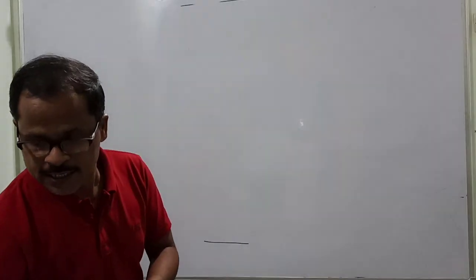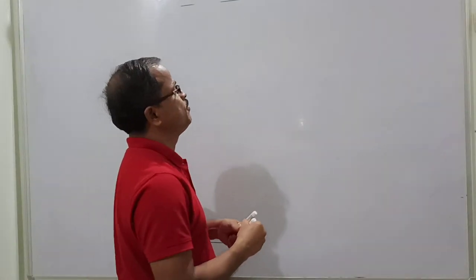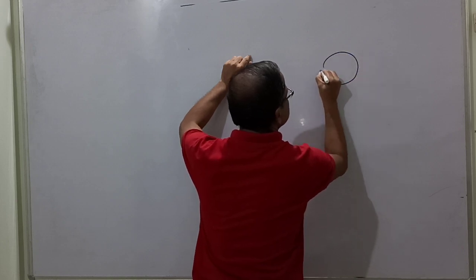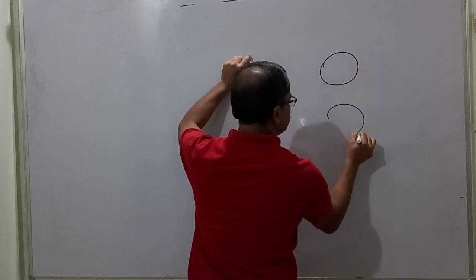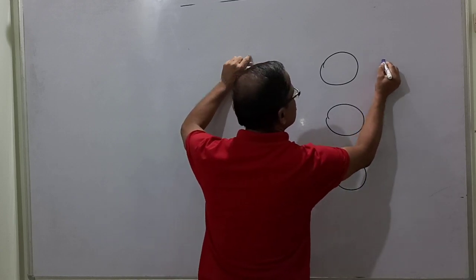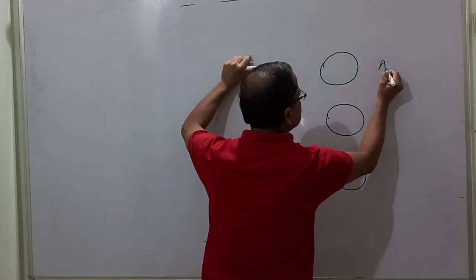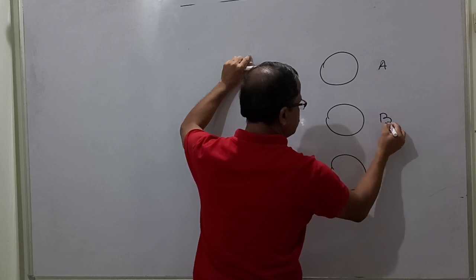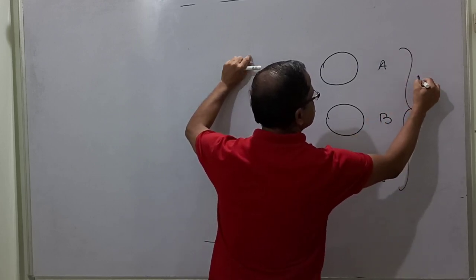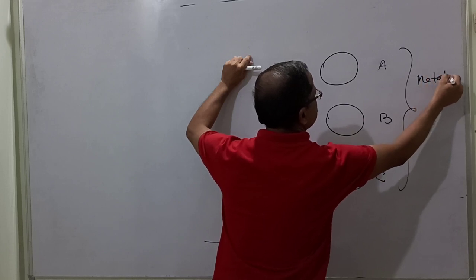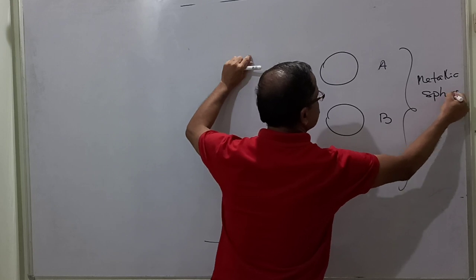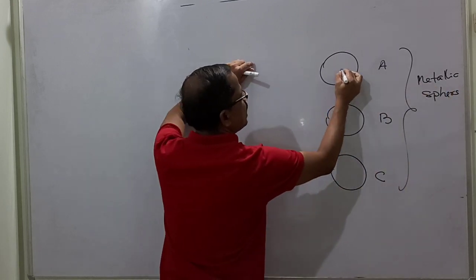The second problem is again an important, very interesting problem. There are three metallic spheres. This is sphere A, this is sphere B, and this is sphere C. All are metallic spheres and all are identical.